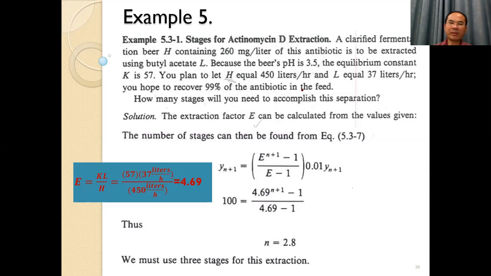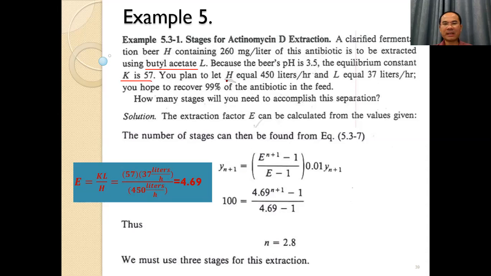For this case, the aqueous phase, we call beer, contains 260 milligrams of antibiotic. We use butyl acetate to separate the antibiotic from the aqueous solution. S is the heavy phase, L is the light phase. Because the beer pH is 3.5, the equilibrium constant for this case is 57.